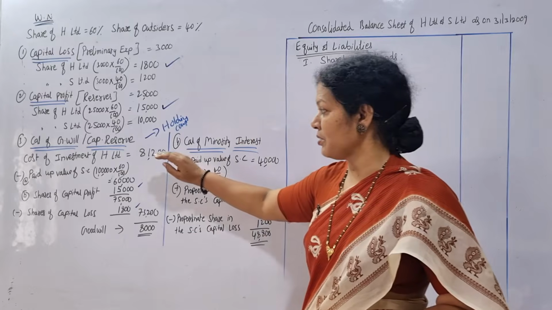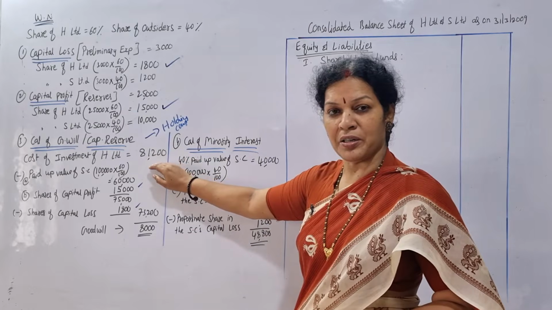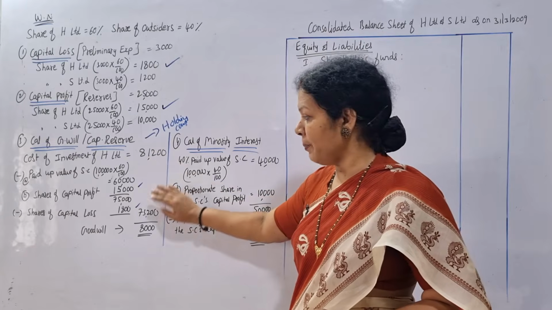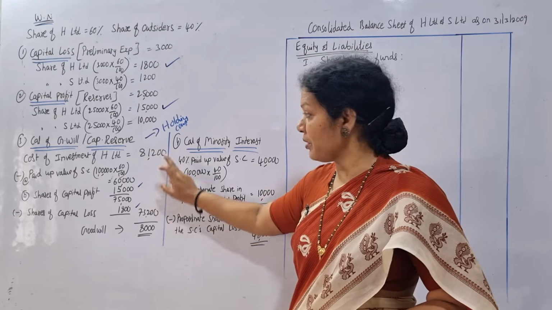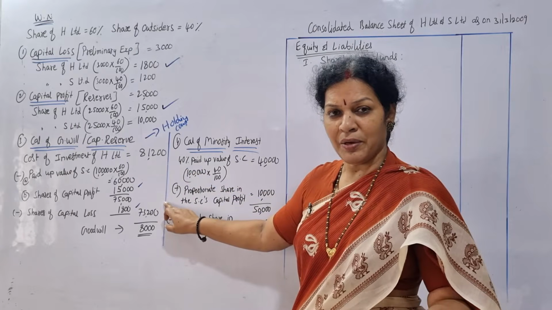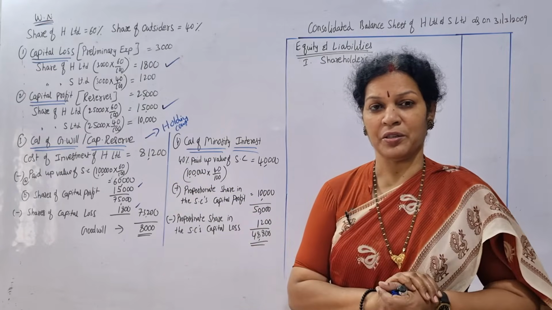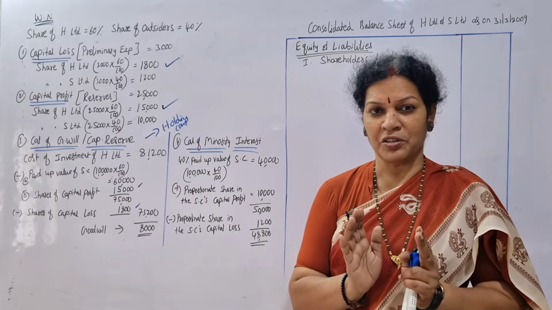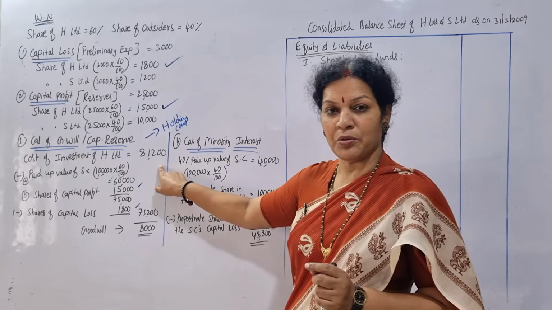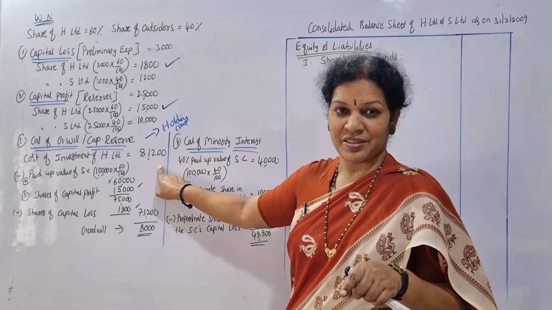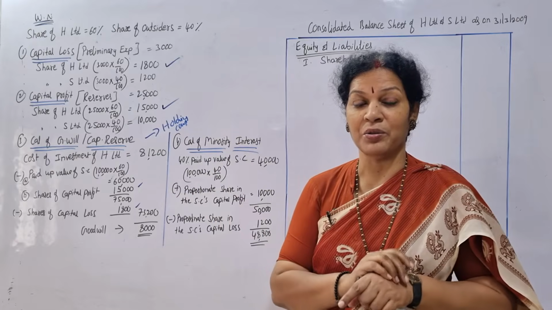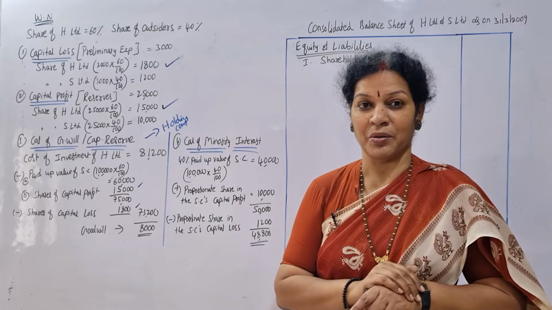Suppose our investment is 81,200, we are paying 81,200, and our share value is 90,000. Assume it is 90,000, we are paying 81,200, means we are paying less. When we are paying less than the actual share value, that will be capital reserve.